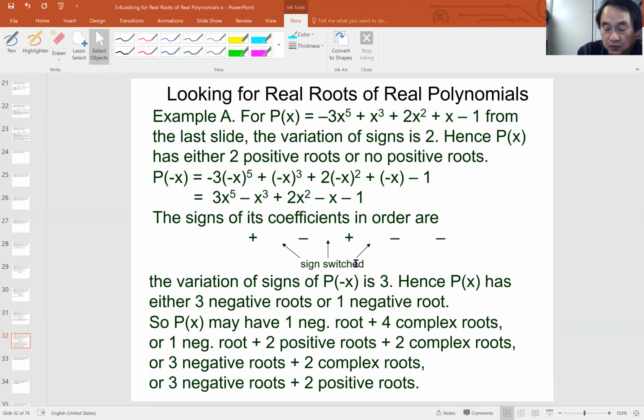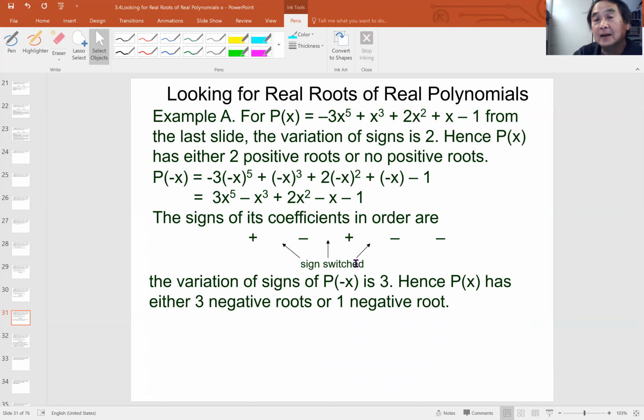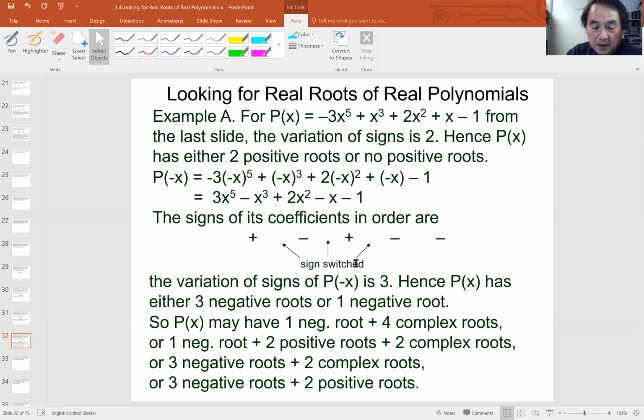From these two pieces of information, I can classify how many possible positive roots and negative roots there must be. There could be the following 4 different cases. I could have 1 negative root and no positive roots, and then you would have irreducible second degree factors, the longer part, which become the 4 complex roots.